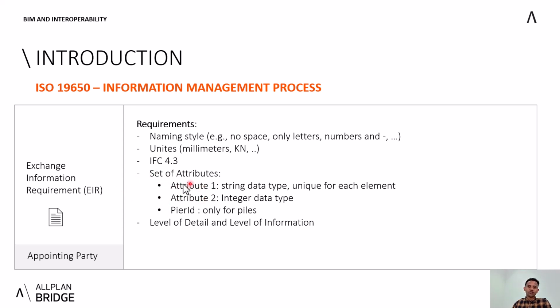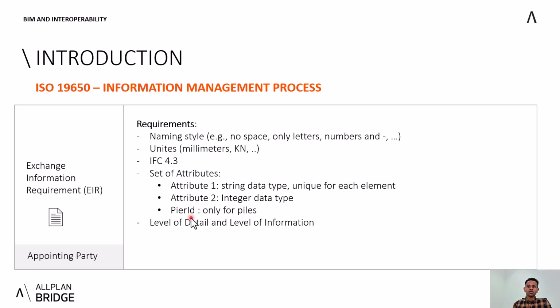So they could also add this as additional requirements, saying, okay, to every object model that you have in the project, please add attribute 1 and attribute 2. And for only the piers, please add the pier ID. So they can say such things.